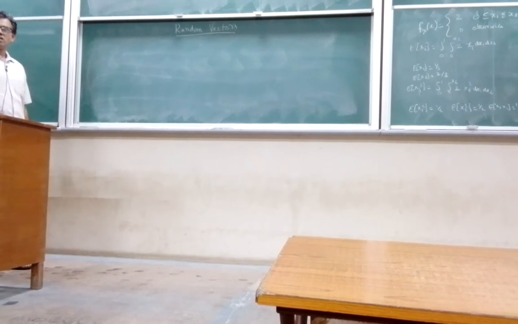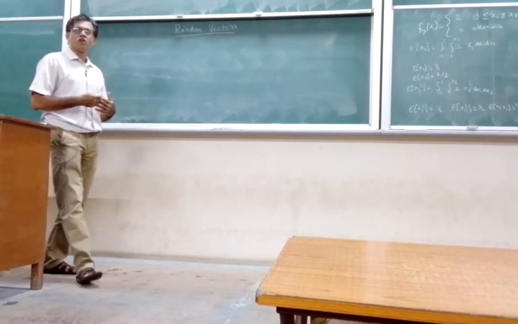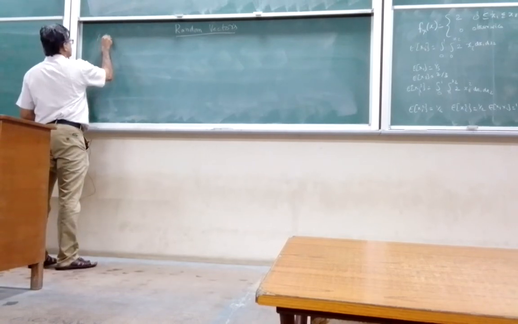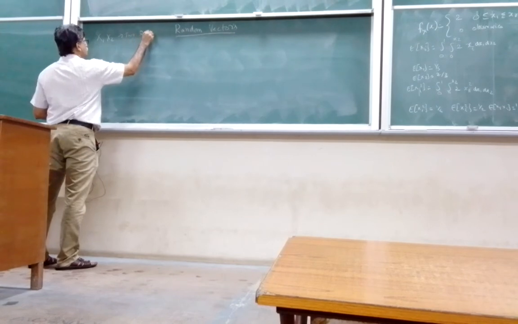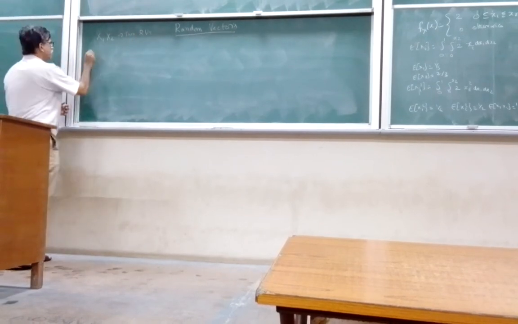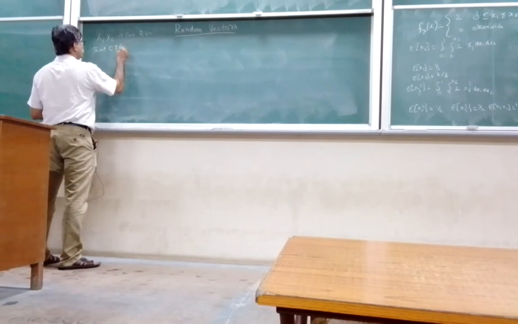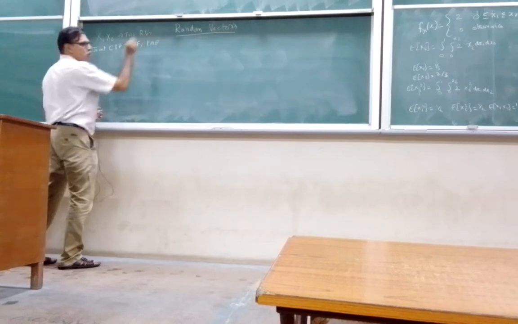So we looked at the joint density function, joint CDF of two random variables. For example, if x1 and x2 are two random variables, we defined joint CDF, PDF, PMF, and so on.